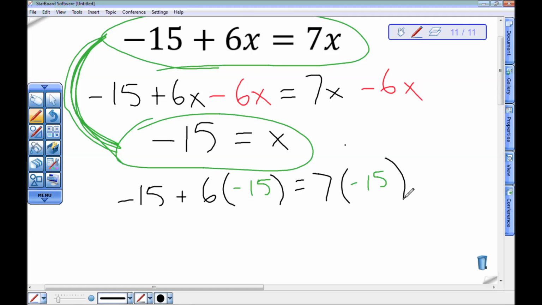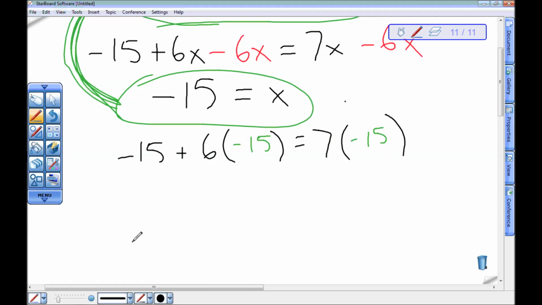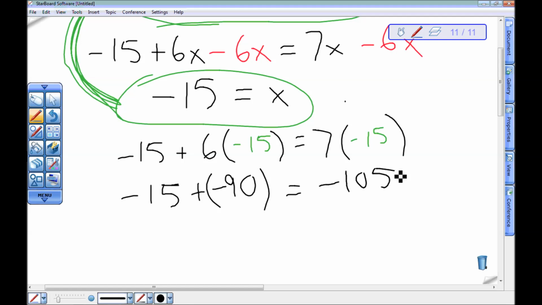Well, 6 times negative 15 is 3 times negative 30, which is negative 90. So negative 15 plus negative 90. 7 times positive 15 is 70 plus 35, which is 105. I need that negative, so negative 105.